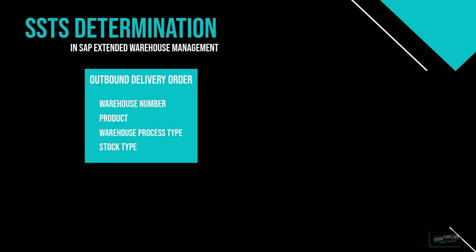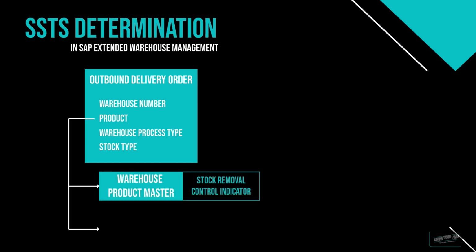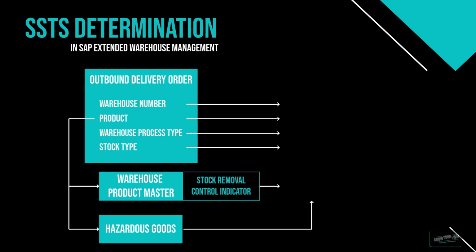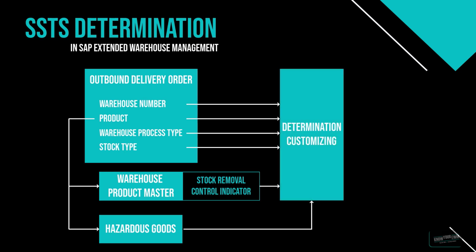And when it comes to the actual product the customer ordered, we got two additional attributes. The stock removal control indicator we just showed you a few seconds ago, and whether the product is some hazardous goods, for example. And all these attributes we now see on the left side of the screen are taken into consideration when the EWM system checks the customizing settings we made for determining a proper storage type search sequence.